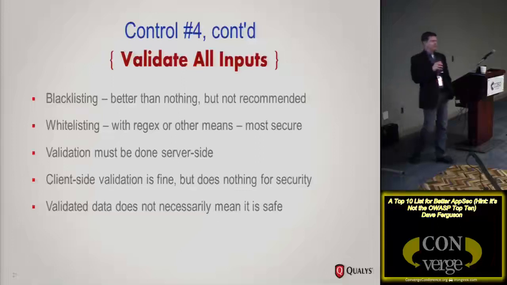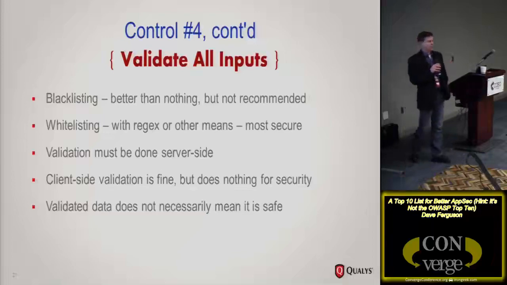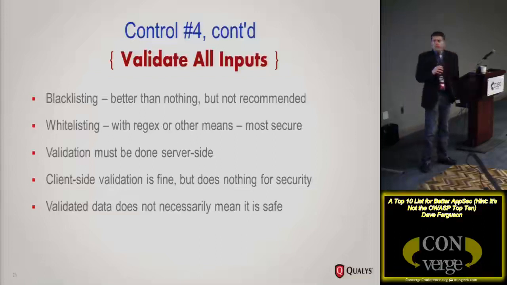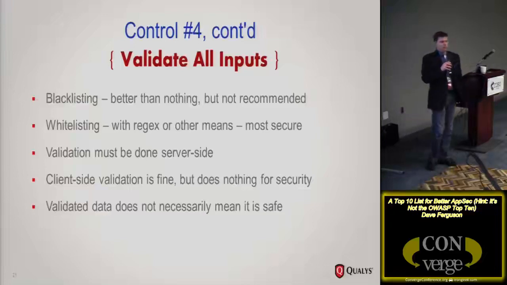Also, you've got to do the input validation on the server side. You can't expect something in the browser that's validating your data to help with security. Now, there's nothing wrong with it. You can certainly validate data on the client side in the browser, but it doesn't do anything for security. That can be bypassed very easily. Just use an HTTP proxy like Burp or Zap or something like that.